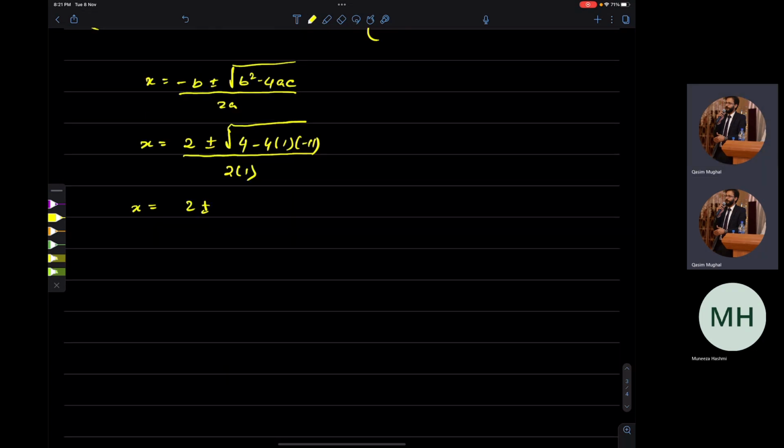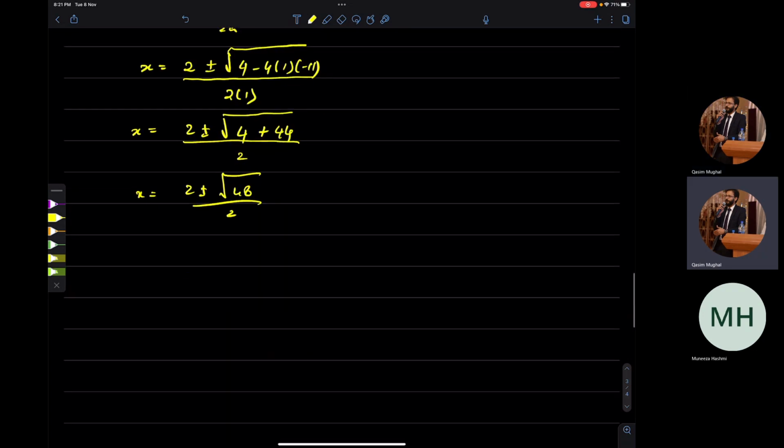That's going to give us 4 plus, okay, minus times minus is plus, the next term is going to be plus 44, over 2, and then 2 plus minus root 48 over 2. Right now, I will have to do the prime factorization of 48.